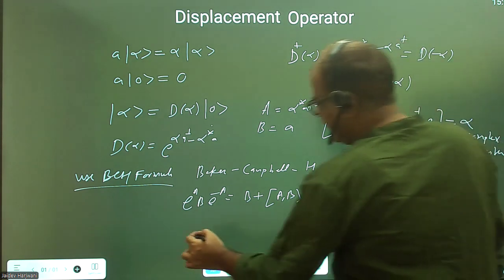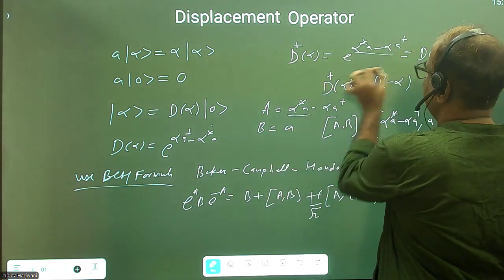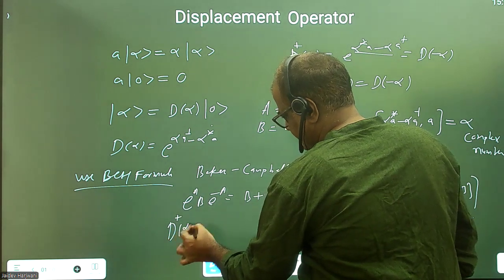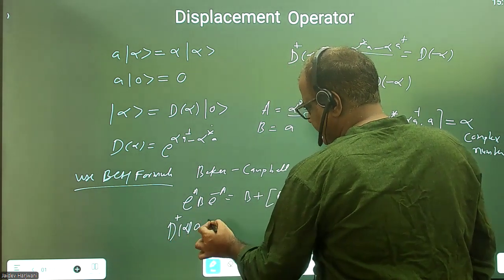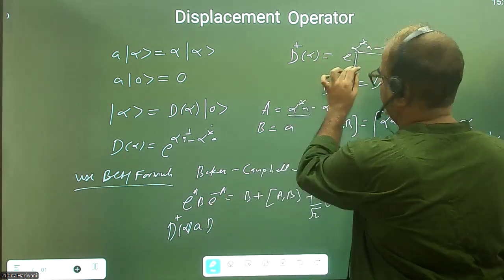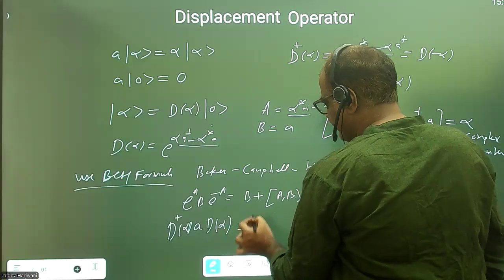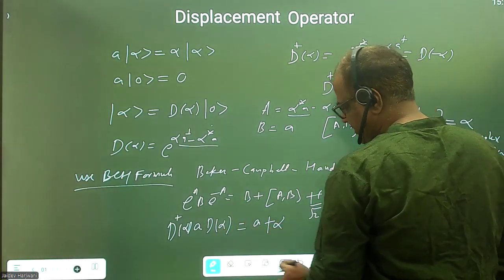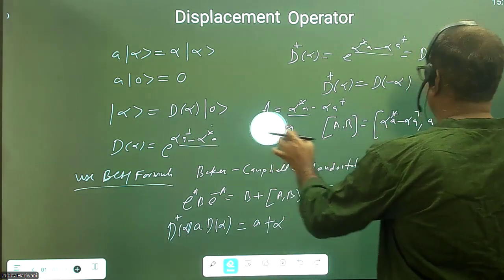So I can write my e power A B e power minus A, where A I defined like this. That means my D dagger alpha, B is my a, and the commutator of A, B will become alpha. This one, D dagger alpha a D alpha, is simply equal to a plus alpha. So this is my definition now.